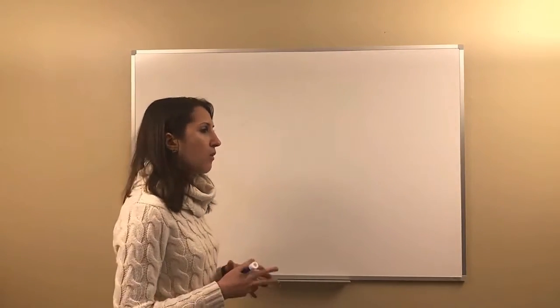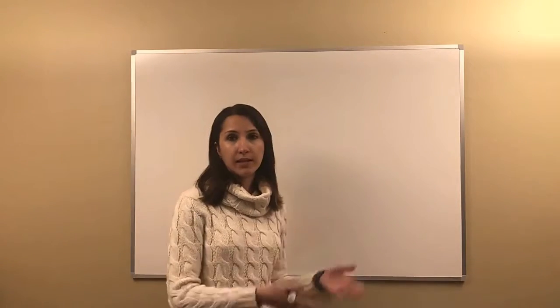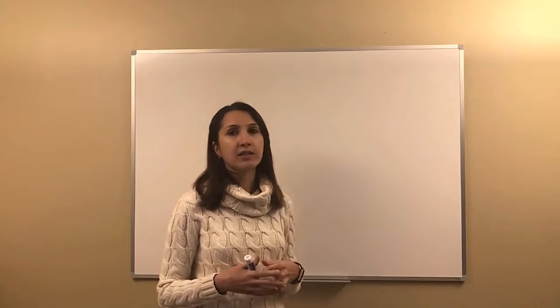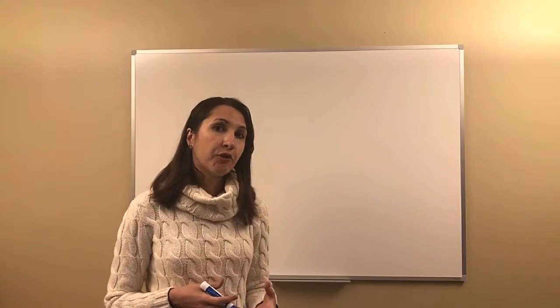So first of all, what we need to do is make sure that we understand the problem. I have the given data and what I need to find. You need to have a clear understanding of what you are looking for. So let's organize our given data first.